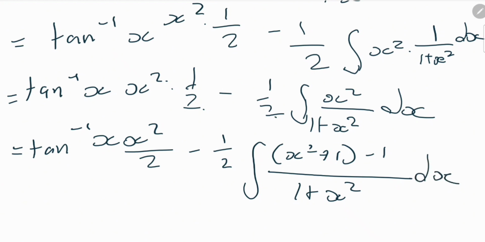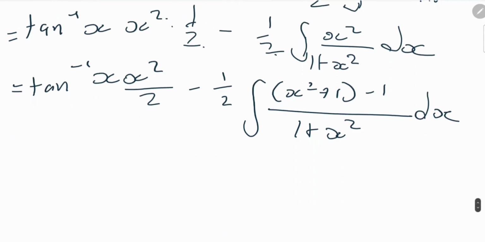Now you might be able to see x squared plus 1 in the numerator and x squared plus 1 in the denominator is a pretty good sign. It means that we will be able to divide.